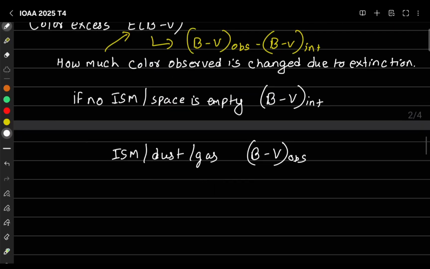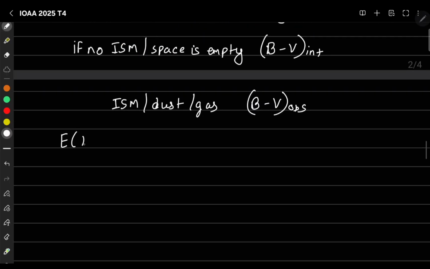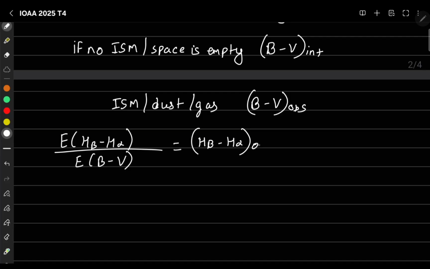So in my question, it is asking me for E(H beta minus H alpha) divided by E(B minus V). It is simply saying that I need to find the color axis for H beta and H alpha, and then get this difference.